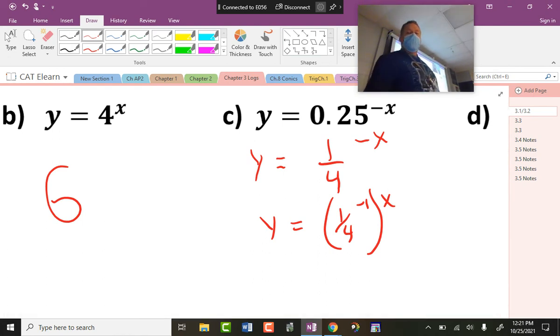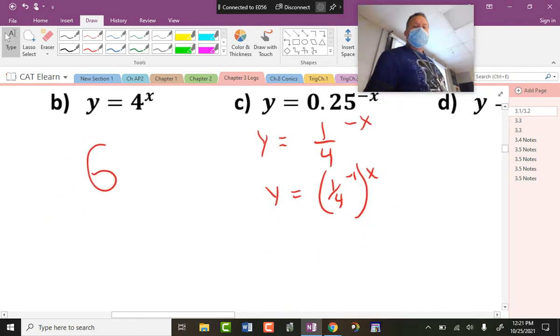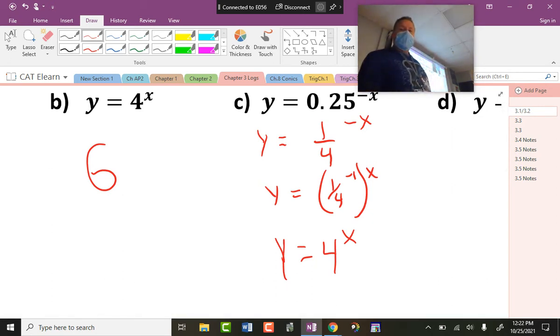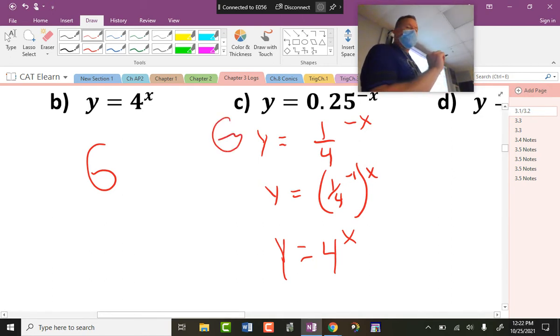And then everybody, what's 1/4 to the negative first? 4. This is equivalent to this. So growth or decay, 3, 2, 1, go. Growth actually in disguise. So this original question is a growth situation. The power of the negative exponent rule.